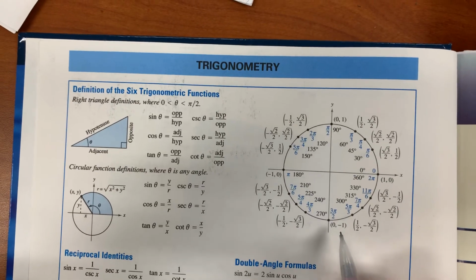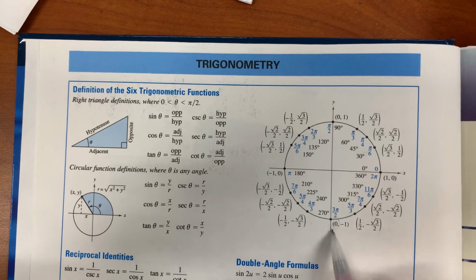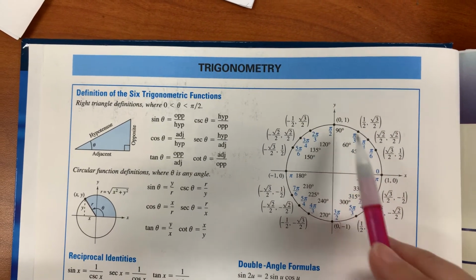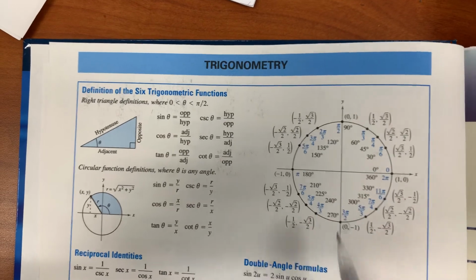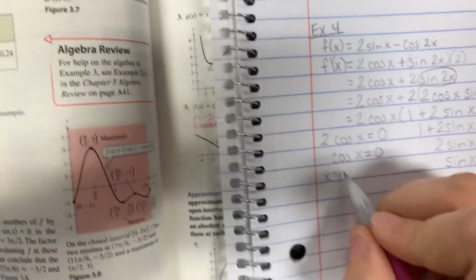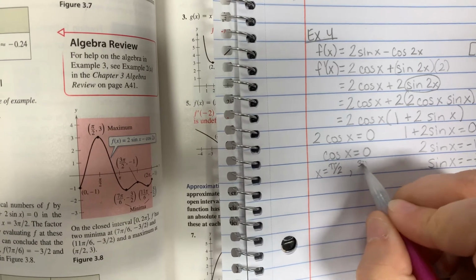They want to know when is that 0. So when is x 0? That happens right here, and that happens right here. So pi over 2 and 3 pi over 2. That's the two cases where that happens. So this one is when x equals pi over 2 or 3 pi over 2.